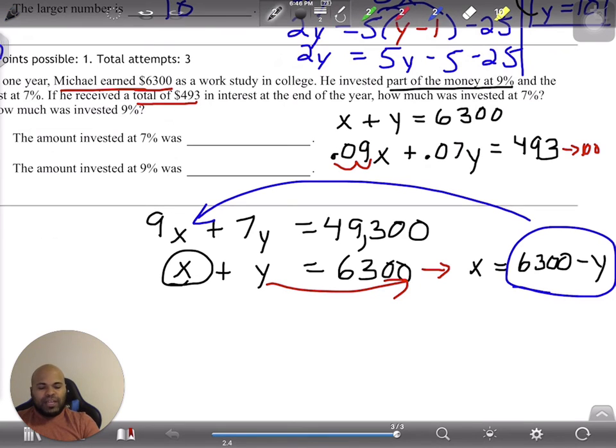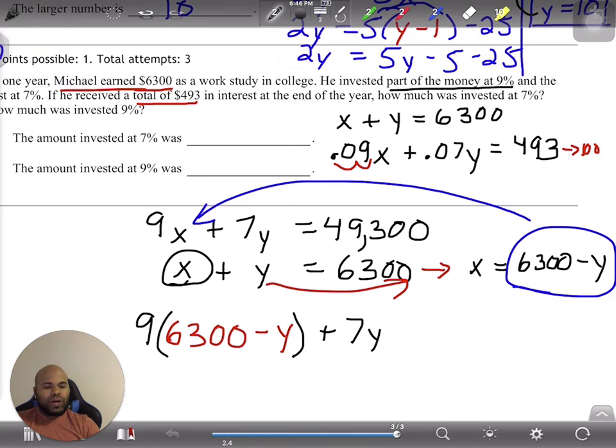So here we go. I'm going to do 9, open parentheses, okay? And that will be 6,300, and I'm going to do plus, hold on a second, because I forgot something very, very important. I forgot the minus y part. So it's very important that you put the variable, all right? Plus 7y equals 49,300.